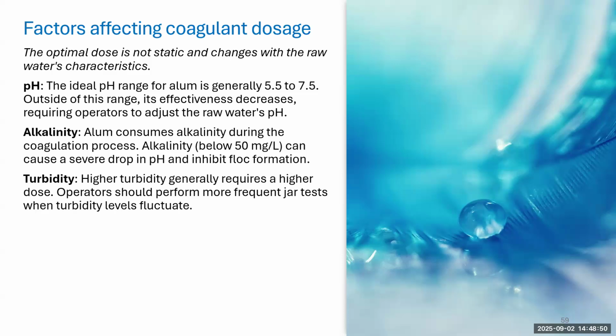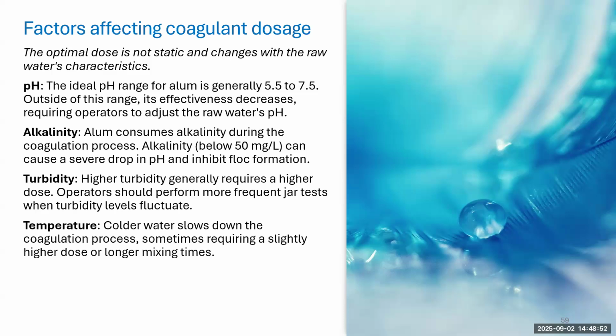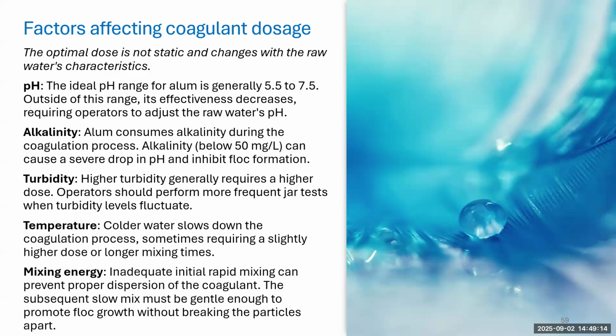You always want to make sure you do a jar test to confirm any changes before you actually initiate them. Colder water tends to slow down the coagulation process. Usually that kind of balances out because in the winter, if you're in a cold state, you probably have less water going through the process, which gives you more time, but it could mean that you need a slightly higher dose or longer mixing time.